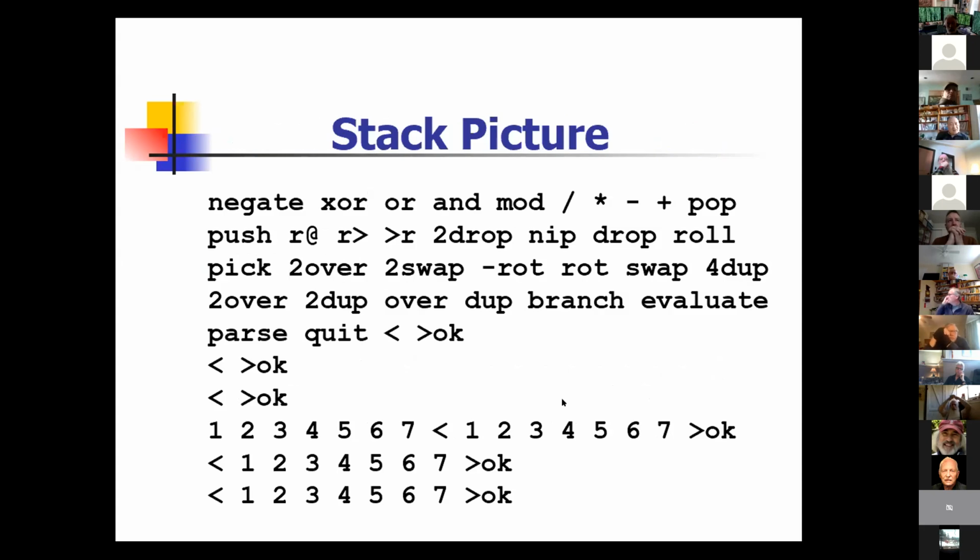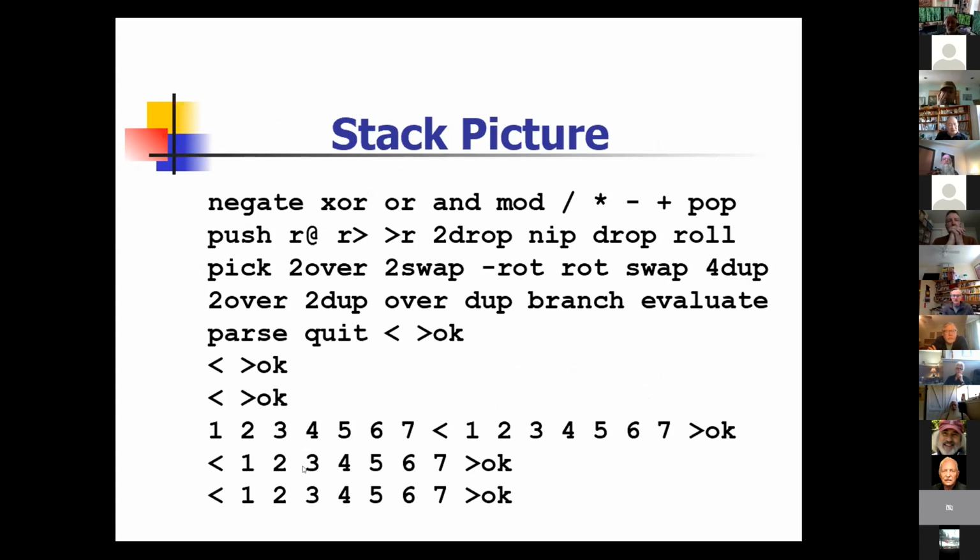So this is the one thing I want to emphasize, that it is very important to show the stack picture. This is part of the output screen. If I type 1, 2, 3, 4, 5, 6, 7, the numbers will be dumped out every time the OK is shown.